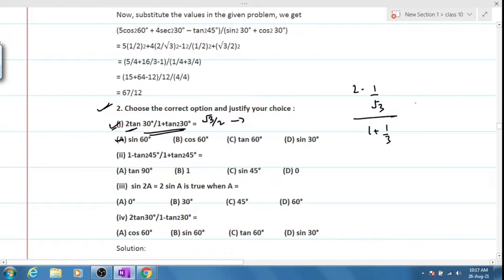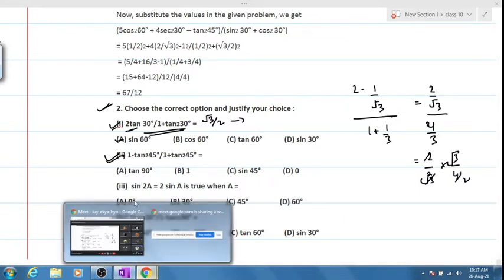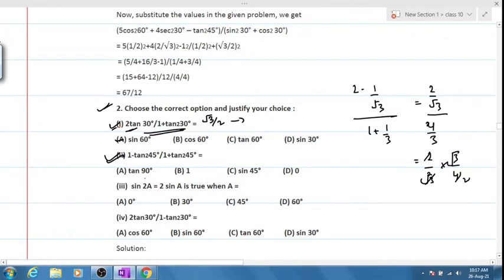1 plus 1 by 3, 2 by root 3, and over you'll have 4 root 3. 2 by root 3 into 3 by 4, 2 over here, root 3. Is it clear? What is the answer for the second one now? 1 minus tan square 45, 1 plus tan square 45.